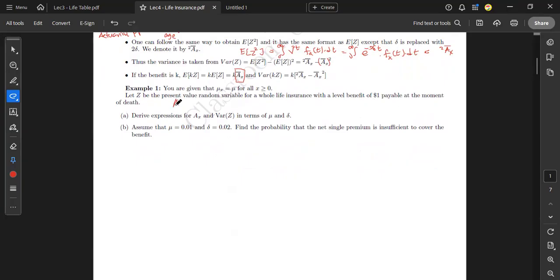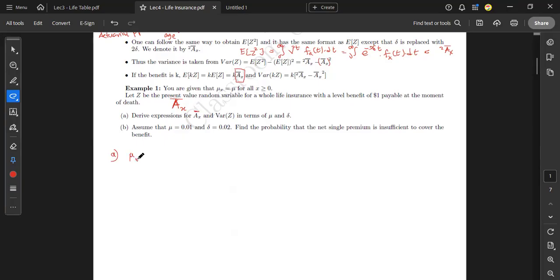That means the actuarial present value should be capital A starting from x and continues. So derive the expressions for the actuarial present value and the variance of this insurance term in terms of mu and delta. Since this is continuous, we need to add a bar to here. And let's start from scratch.